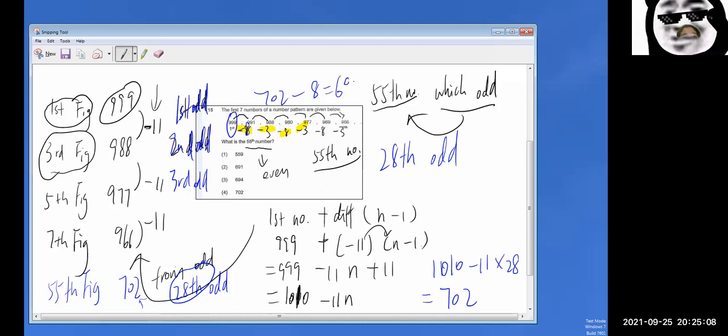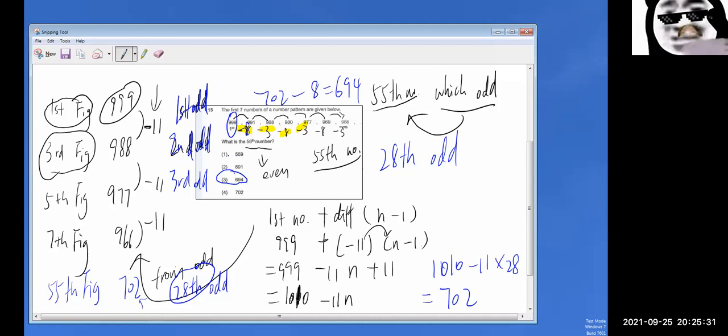Yeah. So does it make sense to you now? This number pattern question is not the straightforward one. There is a jump.